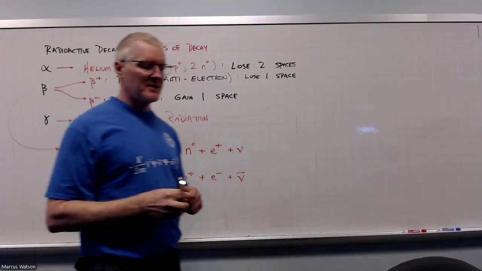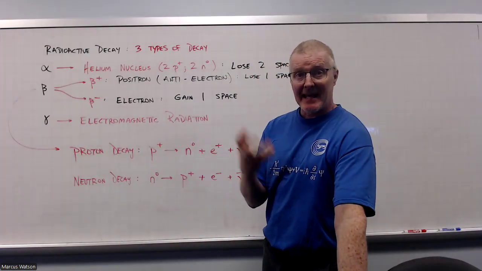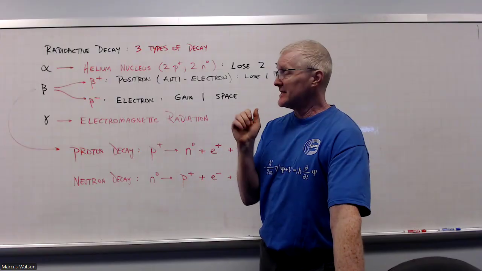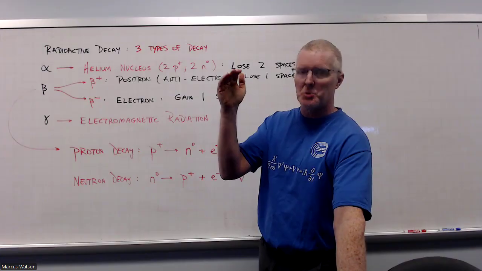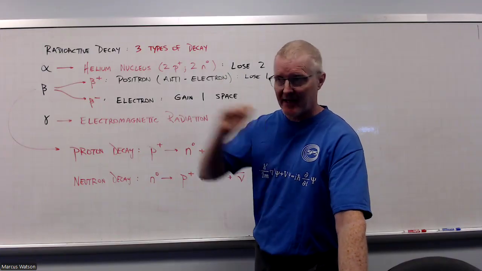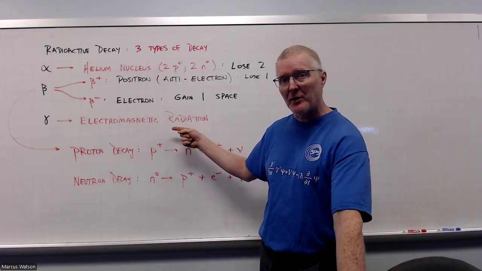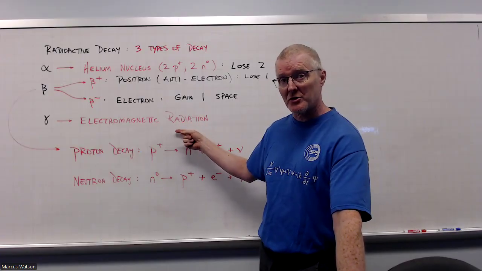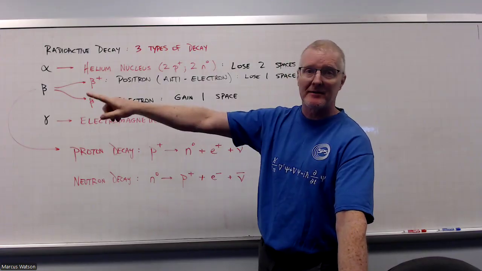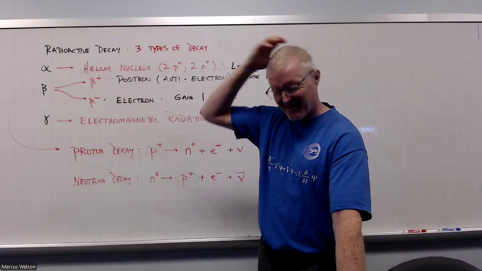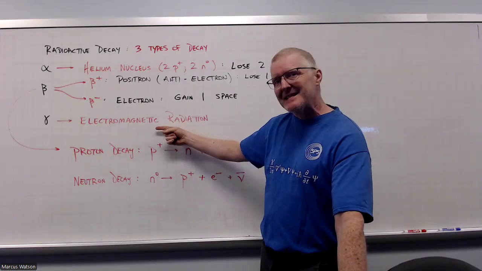In other words, this is a nucleus that is in an excited state and is decaying by dropping 1 level down to its ground state and then ejecting a gamma. The way I think of this is it's exactly what an electron would do inside the Bohr model of hydrogen, right? It goes from state 2 to state 1 by kicking out a 10.2 eV photon, right? The nucleus does basically the same thing.